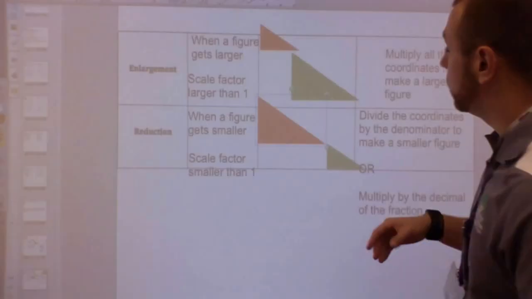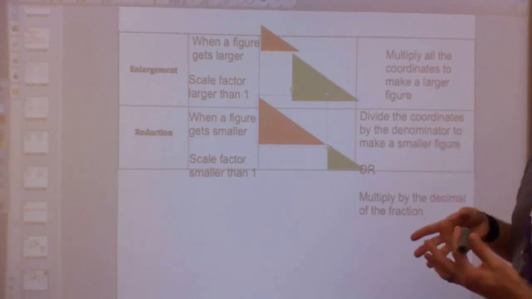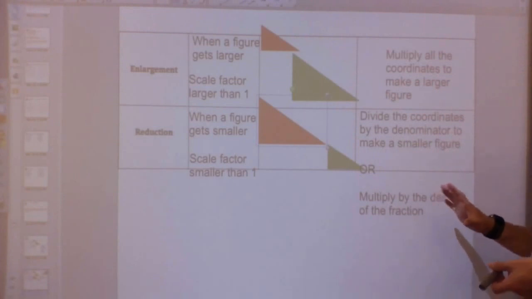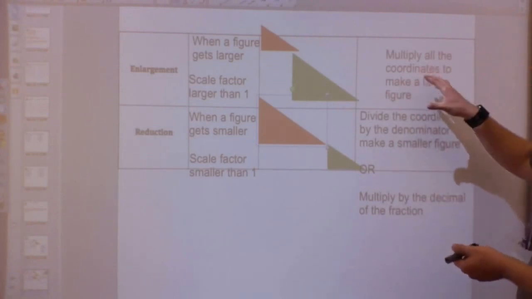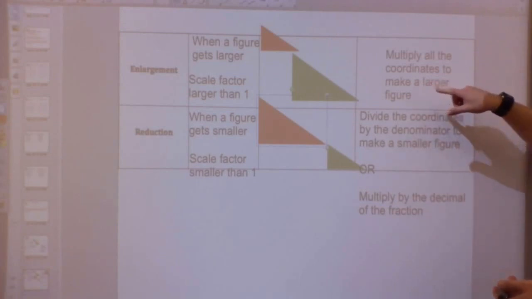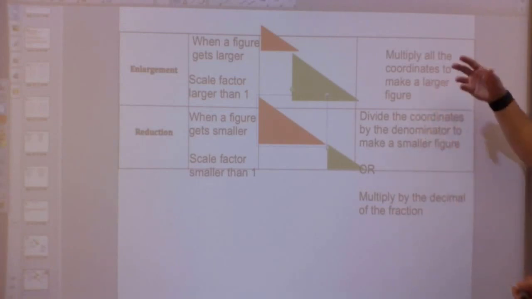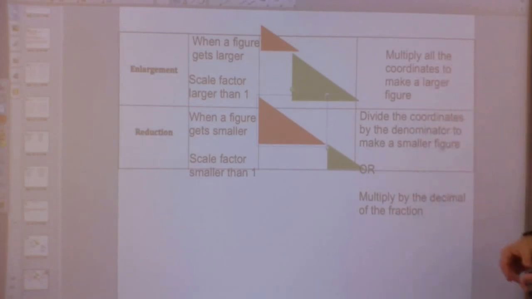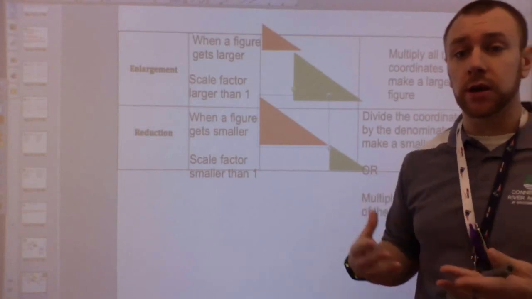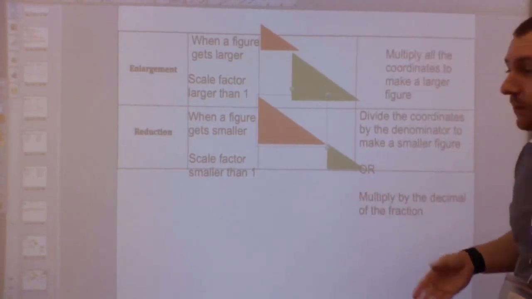All right. So when we're doing it on the coordinate plane, to do an enlargement or a reduction, all we do is multiply the coordinates by the scale factor. If a scale factor is 2, we would multiply all the coordinates by 2. For a reduction, sometimes you're given a fraction, like 1/2 or 1/3, or sometimes a decimal.